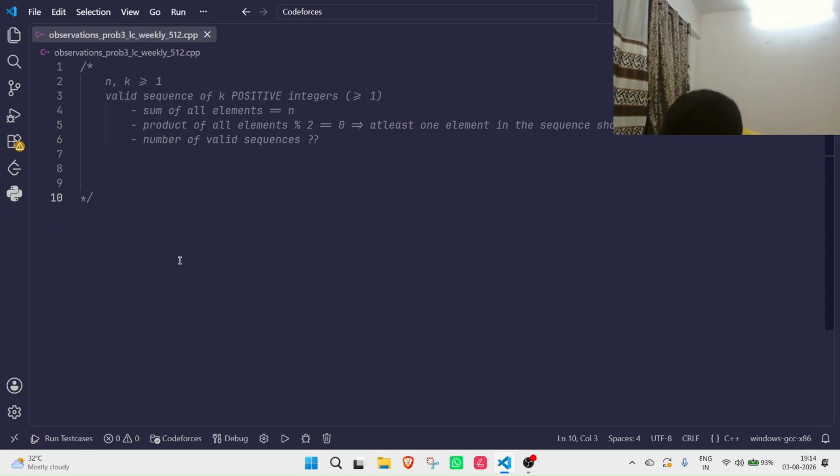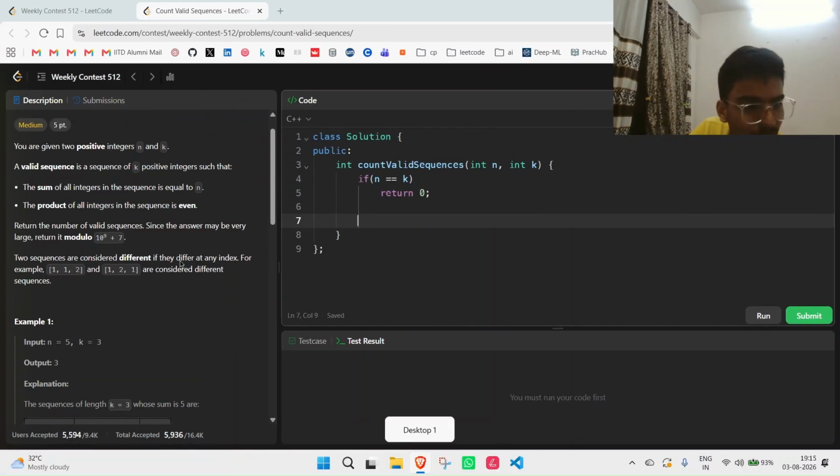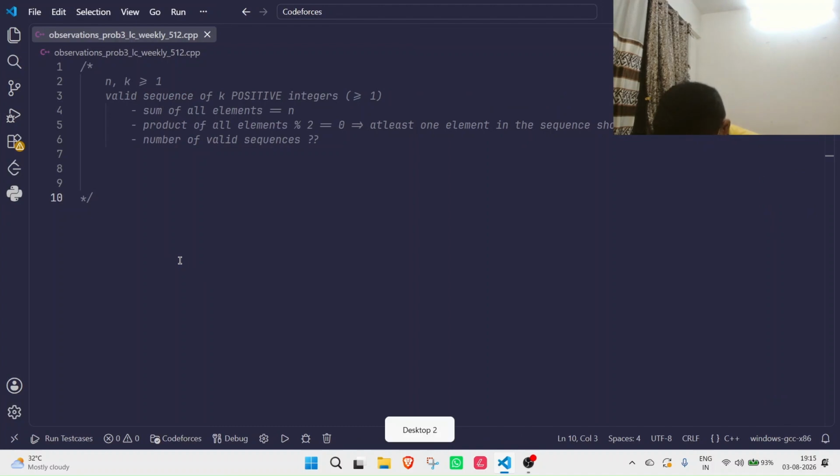We will select k numbers, right? A1, A2, A3 up to AK. So that means the sum for i equal to 1 to k of Ai is n, right? And the product of the Ai for i from 1 to k is even. Let's give an example. N equal to 5, k equal to 3.